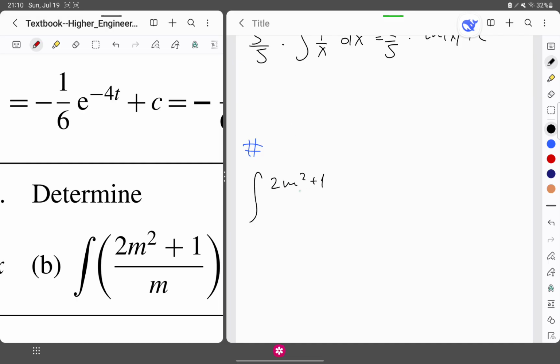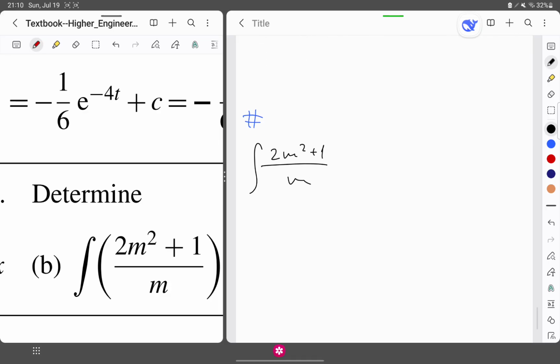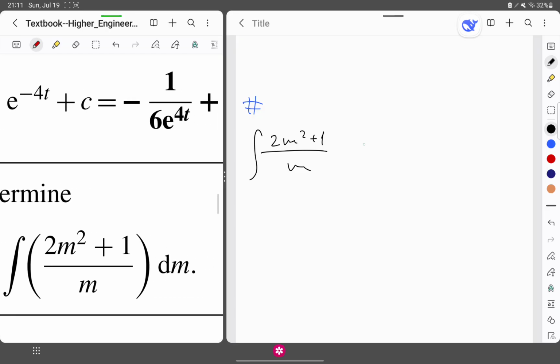2m squared plus 1 over m. How can we do this one? Yeah, we can use substitution, I think. For example, the derivative of the power will be 4m, because the derivative of m is nothing for us, dm.